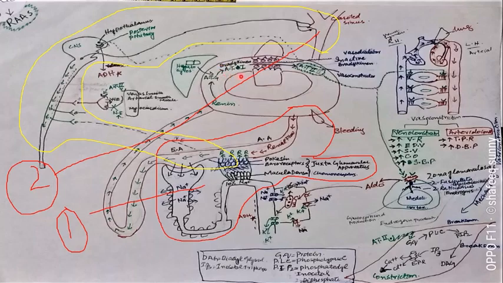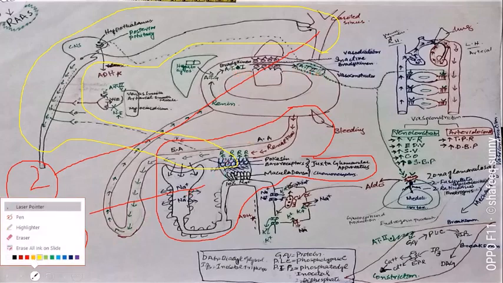When angiotensin 1 passes through the lungs, it is converted into angiotensin 2. It means in the lungs there is some enzyme which converts angiotensin 1 into angiotensin 2.